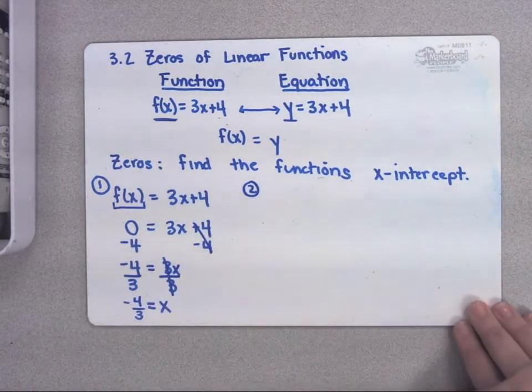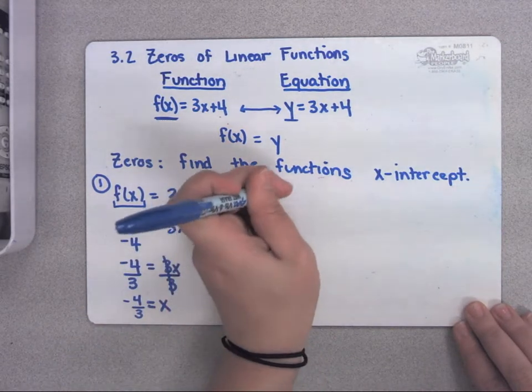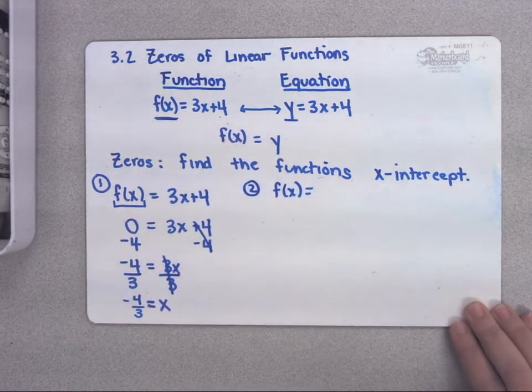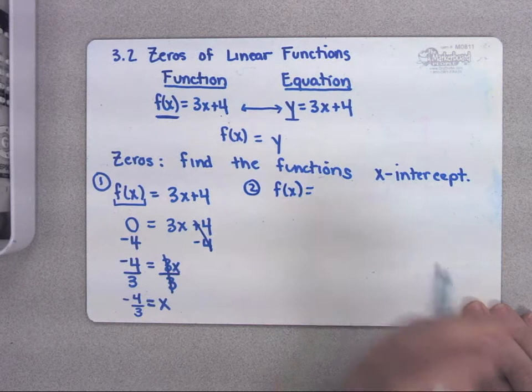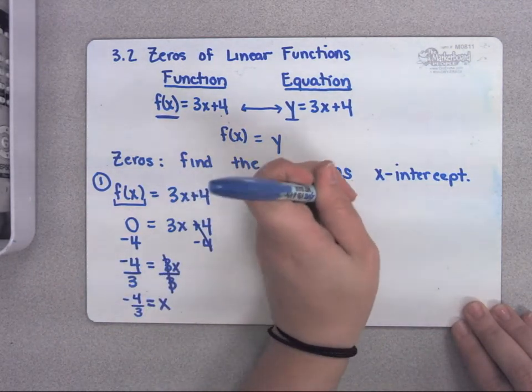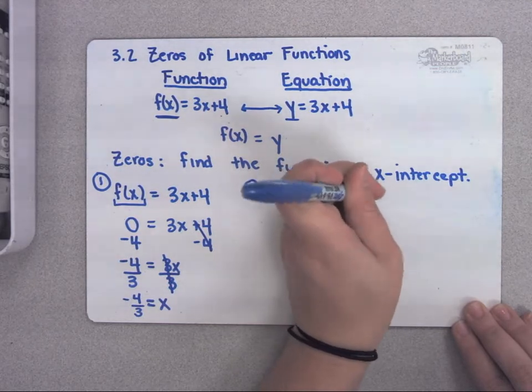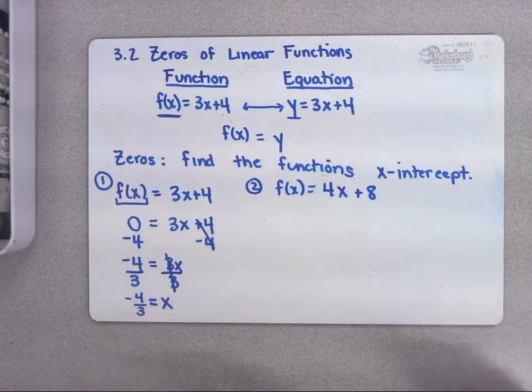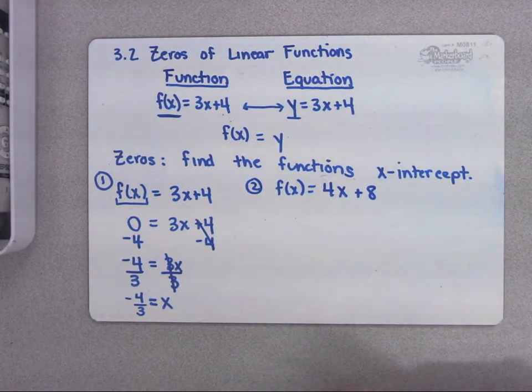That's all we're doing, right? So f of x equals, how about this guy? 4x plus 8. Again, it says find the 0 of each function. We're not graphing, we're just going to find the 0. What do we do every time?